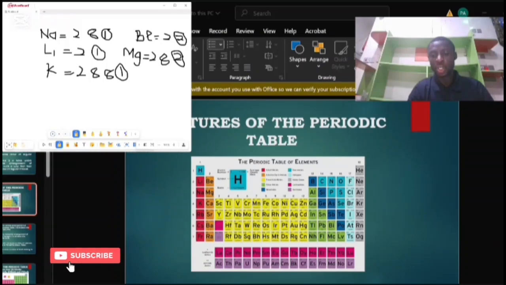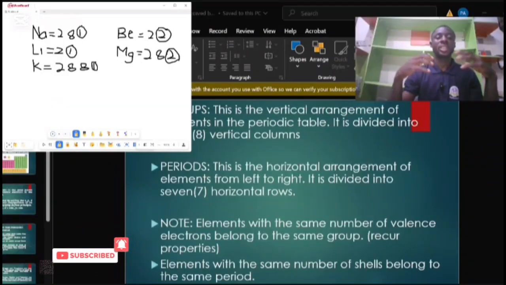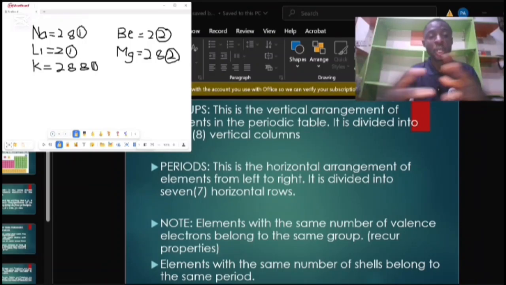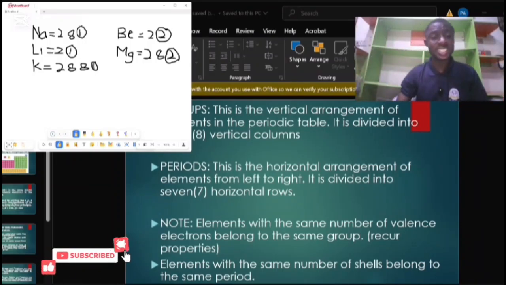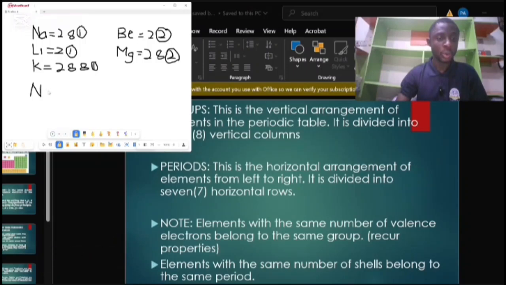So I've talked about group. Let's come to period. Elements that belong to the same period have the same number of shells. For instance, let's bring in the concept of sodium. We want to look at the period that sodium belongs to in the periodic table.